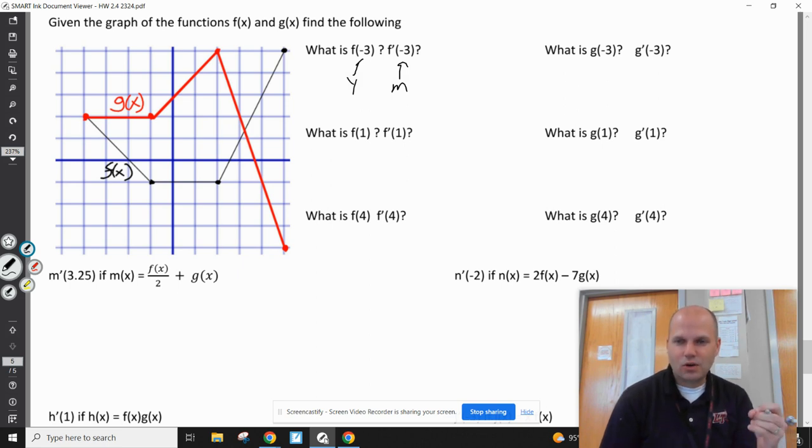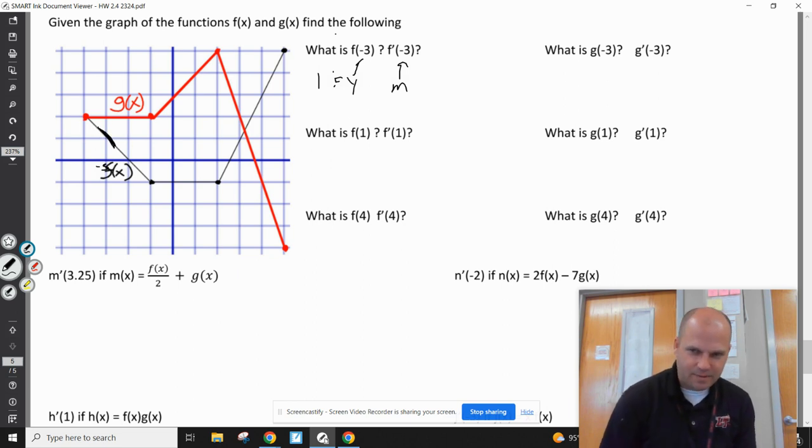Cool? So let's look at X equals negative 3. 1, 2, 3. This is negative 3. Let's look at the Y value and the slope. I can find both of those. I can see the Y value is the Y coordinate, 1. I can see the slope is the slope of this line segment, which can be calculated by rise over run, or you can use the slope formula.